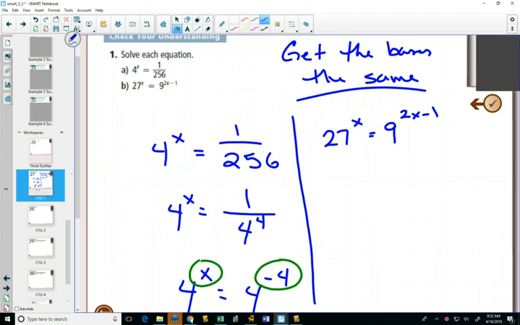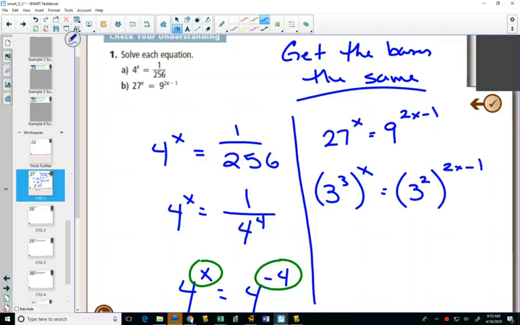So now we have to look at other powers and say, is there any other place that 9 and 27 are in the same column? Yes, they're both powers of 3. So what we can do is change 27 to 3 to the 3, and we can change 9 to 3 squared.